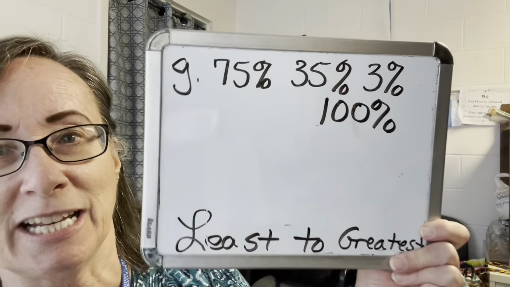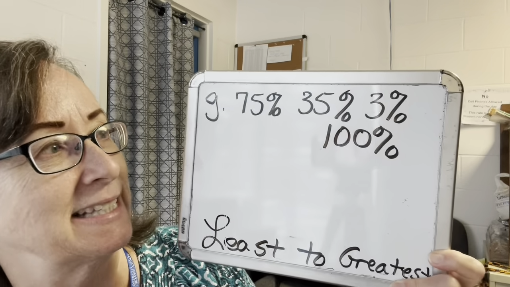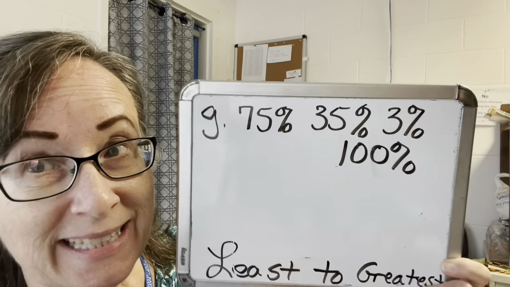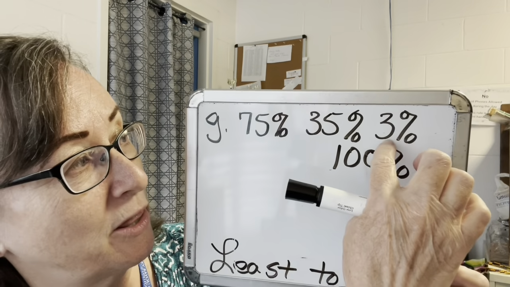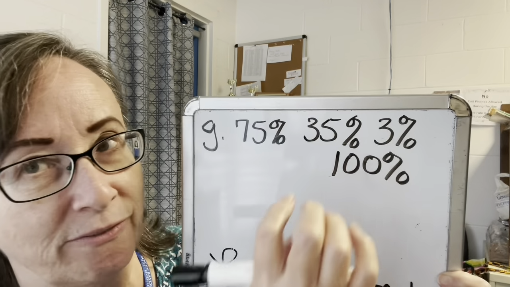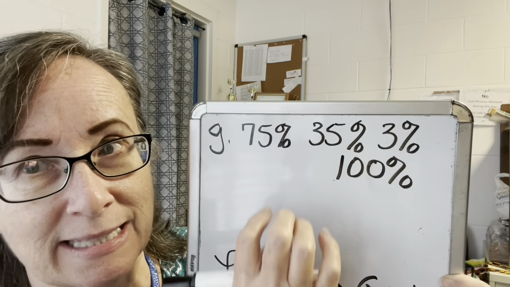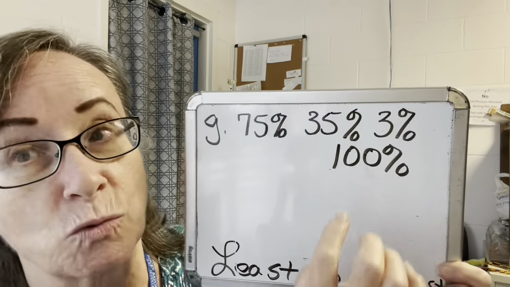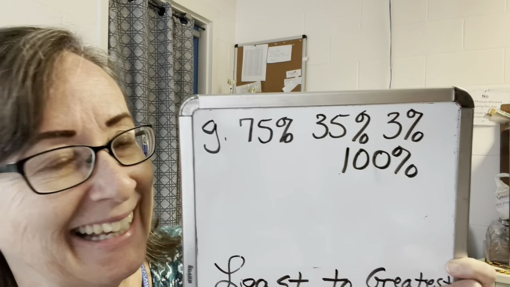Okay, so let's look at G, and we're to arrange these least to greatest. Now, this is pretty simple because these are all percents. So wouldn't 3% be less than 35%, would be less than 75%, would be less than 100%, because 100% is 1, isn't it?